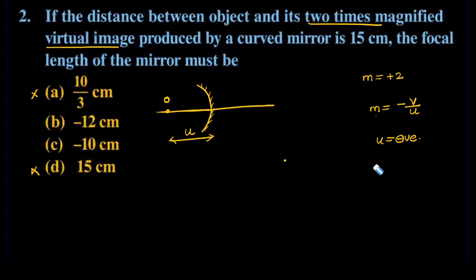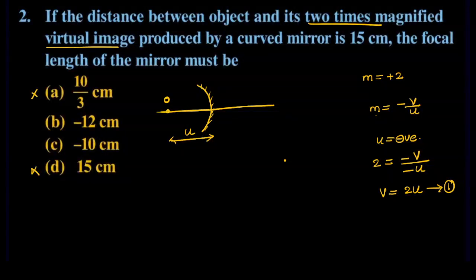So u is negative only. If I place m equal to +2, which is equal to minus v by u, then v will come to be 2u. Let us say this is one equation.